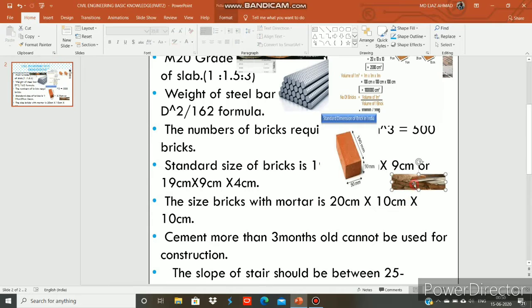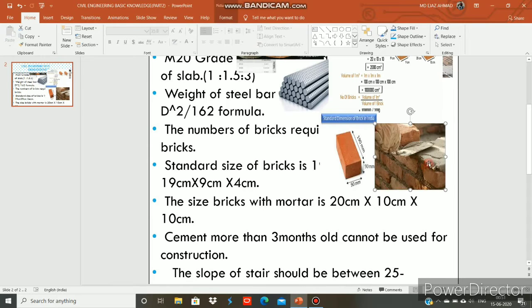This is your brick and this is your mortar. What is mortar? Mortar is the combination of water, cement and fine aggregate.